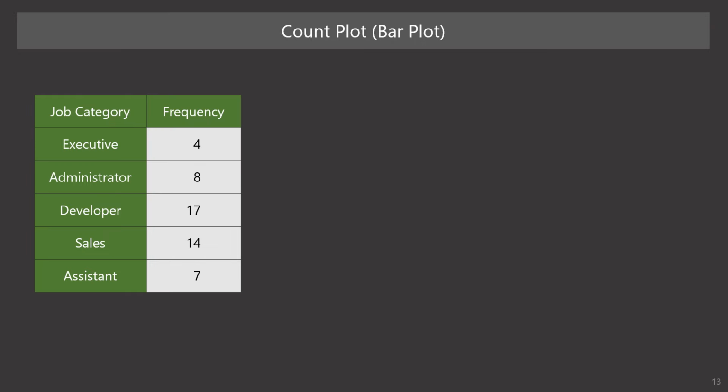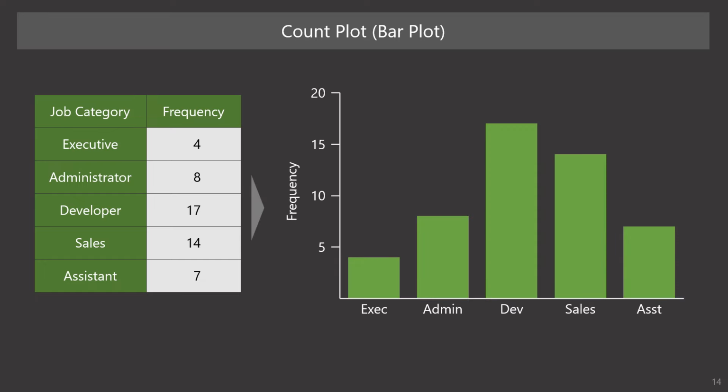Suppose we have a dataset that records the number of employees by job categories. Let's visualize this data using a count plot. The structure of a count plot is simple. The horizontal axis represents categories, and each bar represents each category displayed on the horizontal axis.